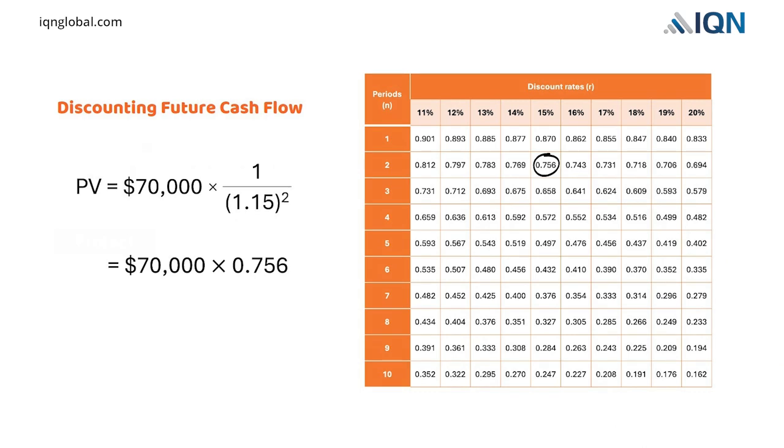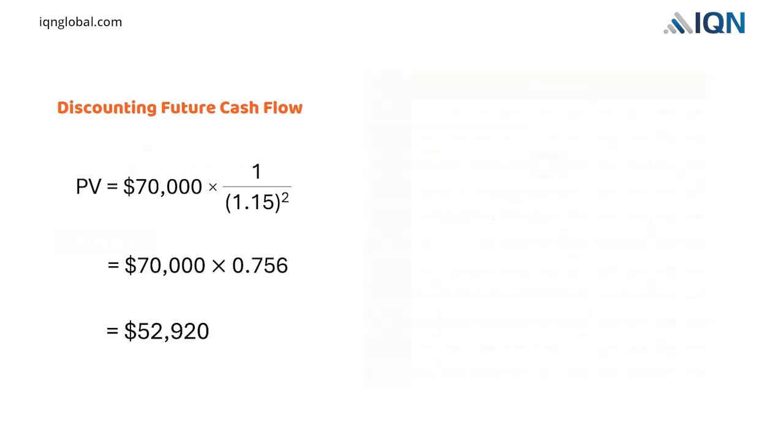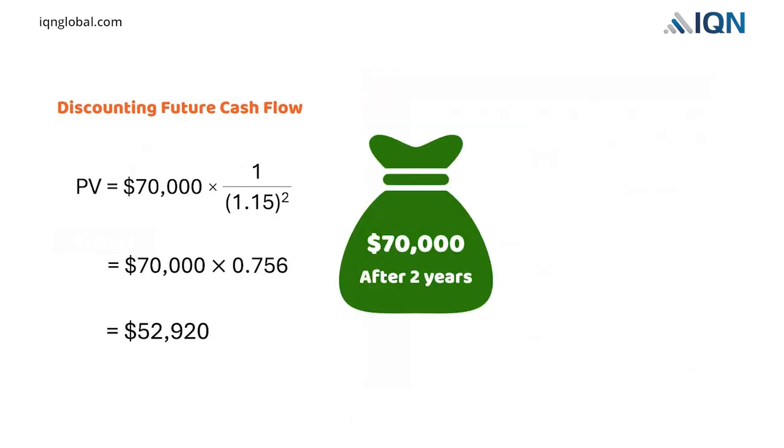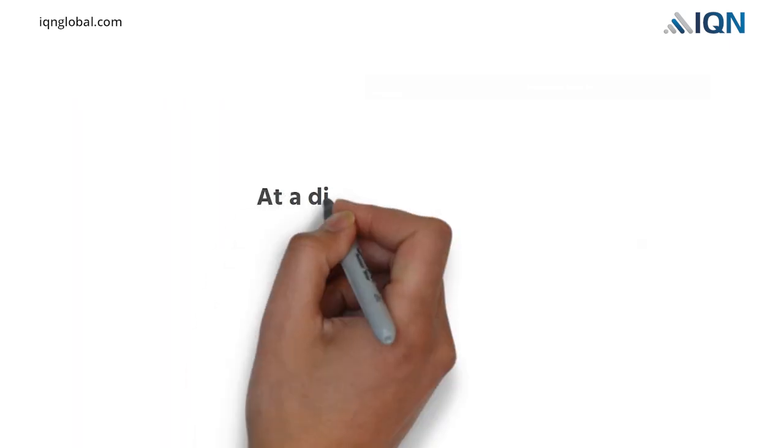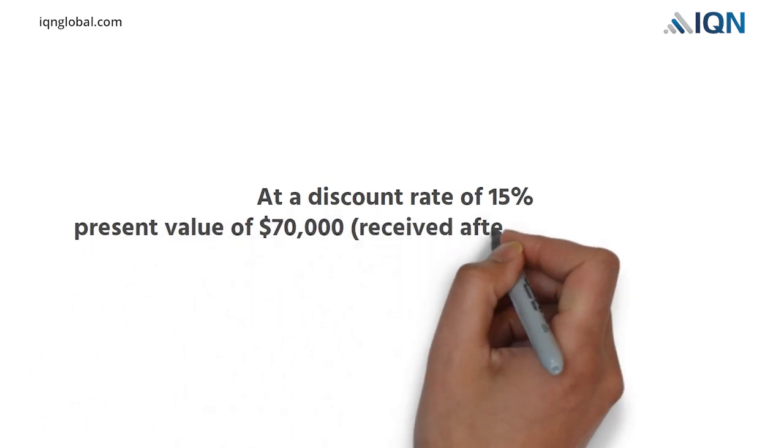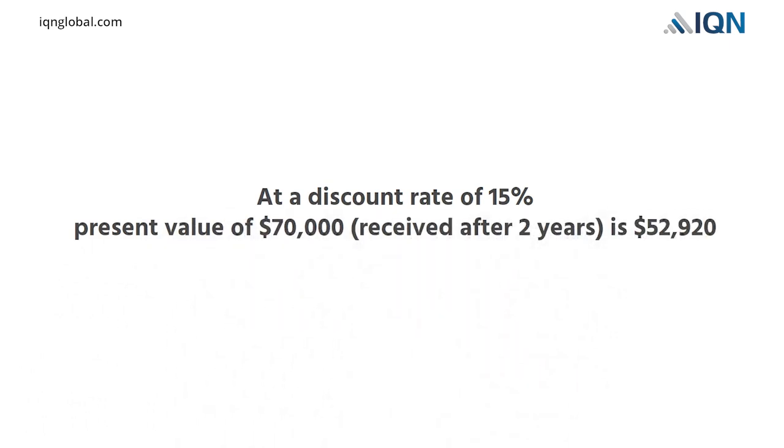This calculation gives us a present value of $52,920. The figure suggests that receiving $70,000 after 2 years will be valued as receiving $52,920 today. That is, at a discount rate of 15%, the present value of $70,000 received after 2 years is $52,920.